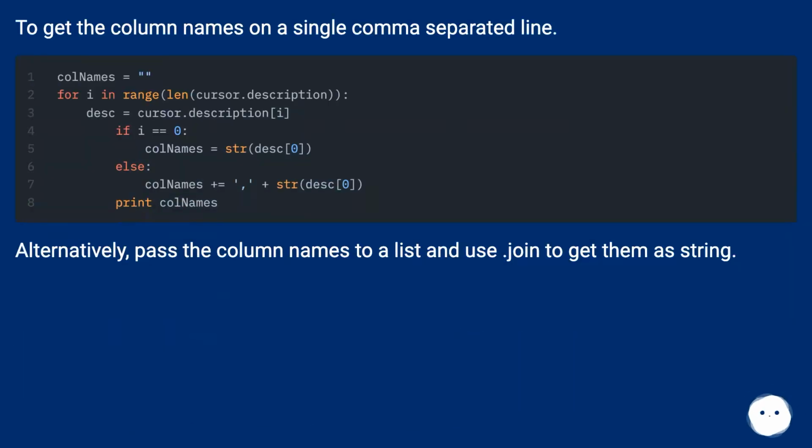To get the column names on a single comma separated line. Alternatively, pass the column names to a list and use .join to get them as a string.